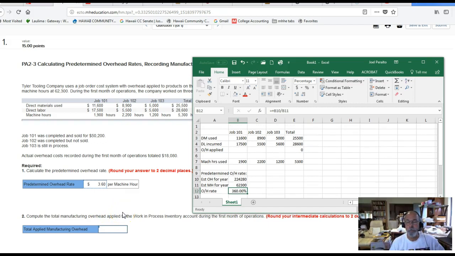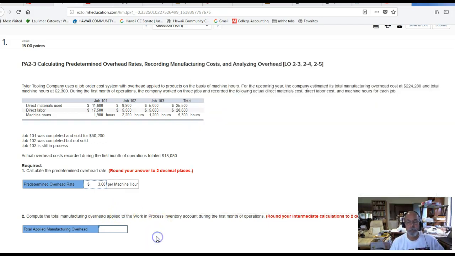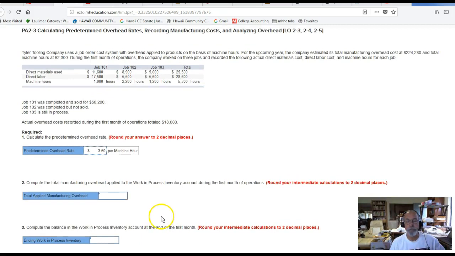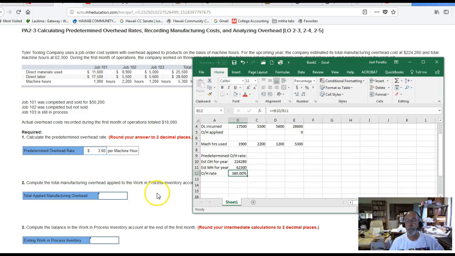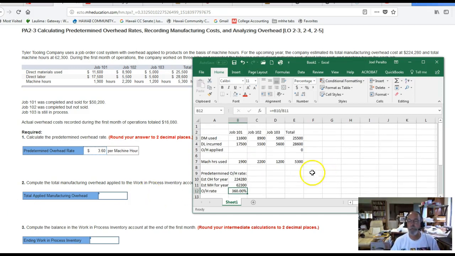Requirement number 2, compute the total manufacturing overhead applied to work in process inventory account during the first month of operations. Well, we can do this in total, but it might be a good idea to also do it individually.